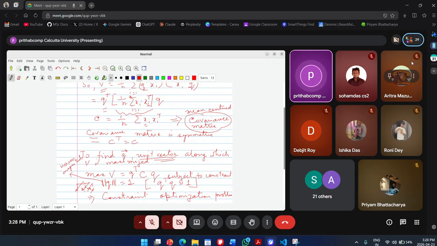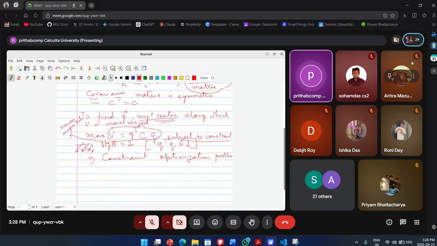But there was no constraint. Here there is an objective function, but also a constraint that Q transpose Q equal to 1.